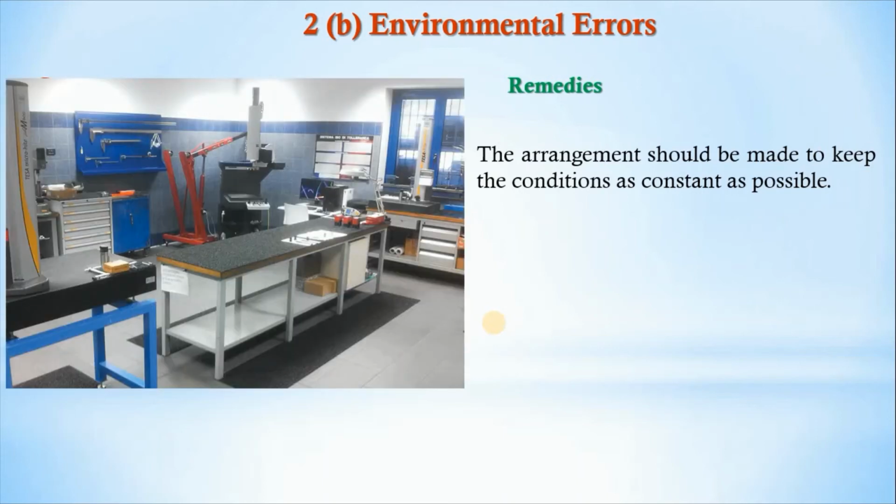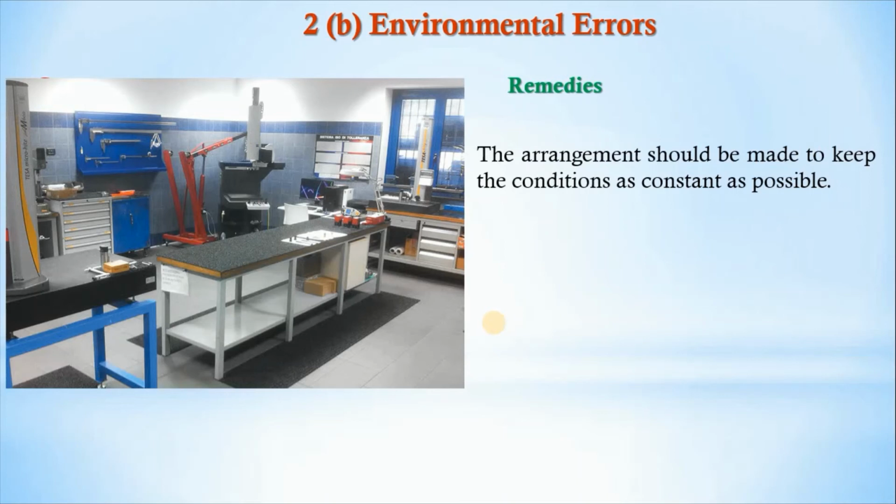So what do we have to do? We have to use a room which is fully enclosed and which controls the environment in the surroundings. There we can also use air conditioners so that we can control the temperature inside the rooms.